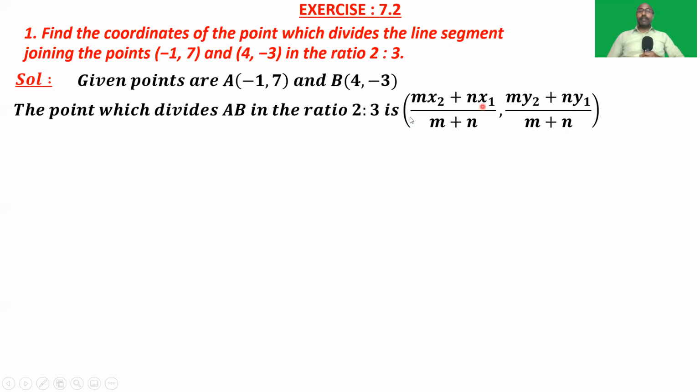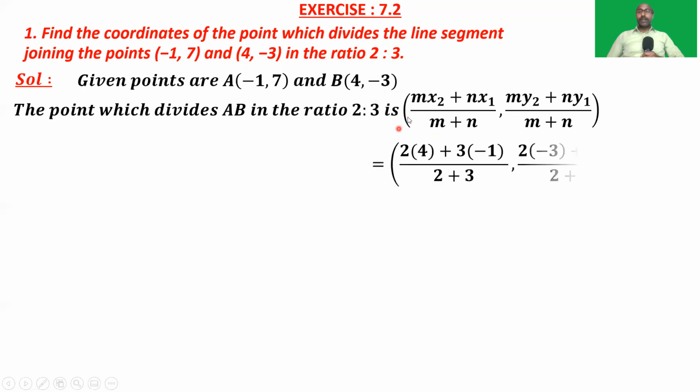So comparing with the standard formula, m is equal to 2, n is equal to 3. m and n are the terms in the given ratio. m is the first term and n is the second term. Sorry, x1 is -1, y1 is 7, and x2 is 4, y2 is -3. Now substitute all these values in this section formula.